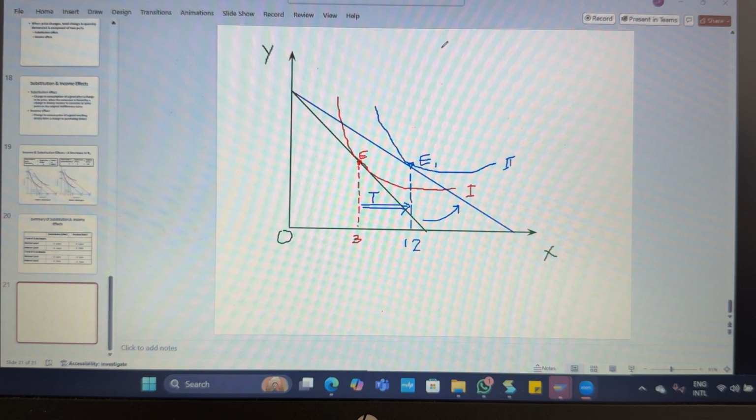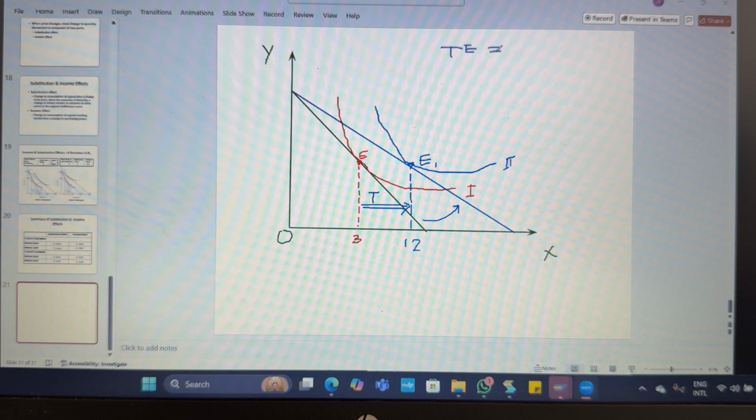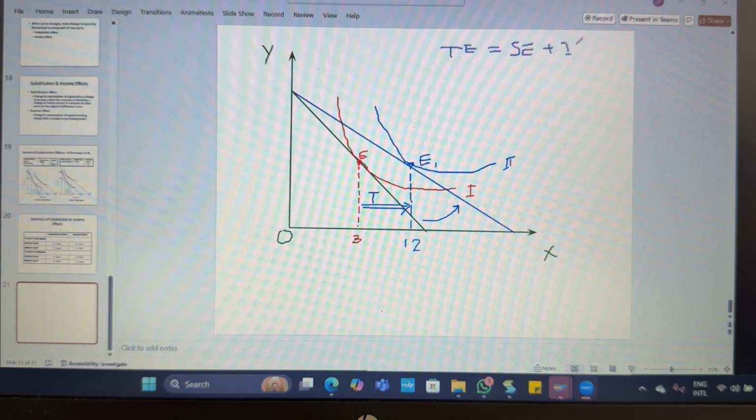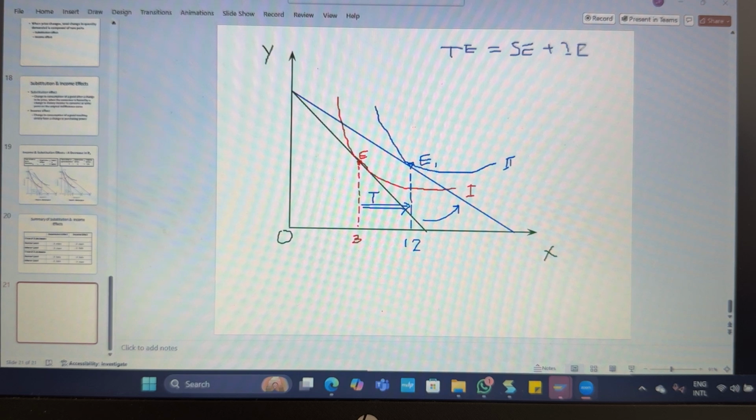I told you that the total effect should equal the substitution effect plus the income effect. Now, we got the total effect from this graph. The size of the total effect is 9. But we don't know how this 9 separates into SE and IE.